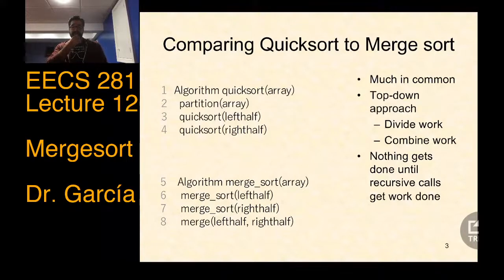What we mean by top-down is that for quicksort, in this oversimplified pseudocode from what we saw last time, we first do a bunch of work, which is the partitioning, followed by the dividing, which is the recursive calls that we have here, lines 3 and 4. By contrast, Mergesort actually does the dividing first. These 2 lines of code really do no work.